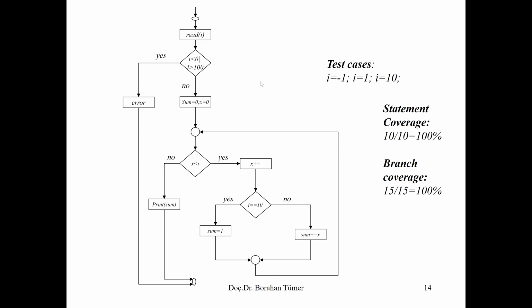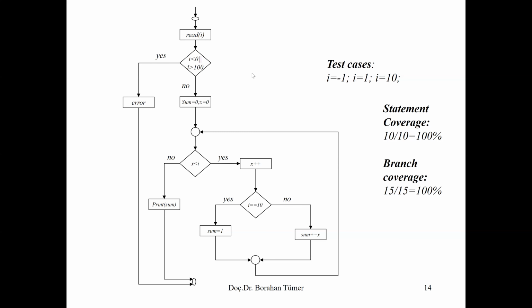So branch coverage tells me that I need to use at least two test cases, one of which makes this composite condition true, and one of which makes this composite condition false, leading me through this edge.